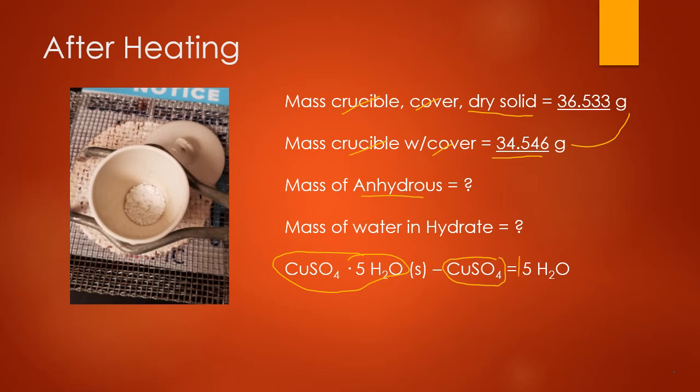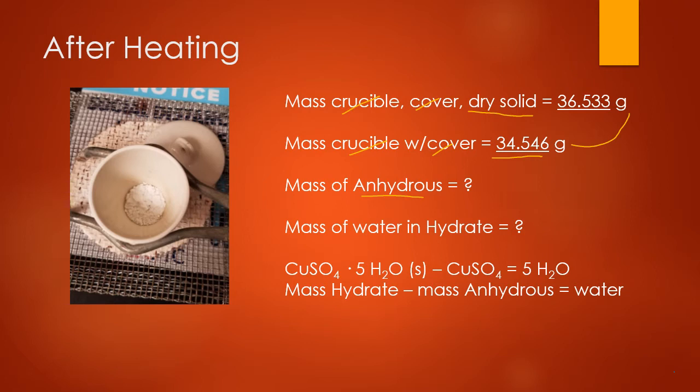That will leave us with the mass of just the water. So what that looks like is we're taking the mass of the hydrate subtracted by the mass of the anhydrous to get the mass of the water. Remember, mass of the hydrate, that's the mass before we started heating. The mass of the anhydrous we just calculated, and then that will give you the mass of water.